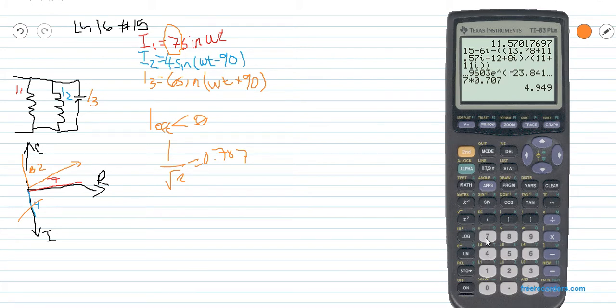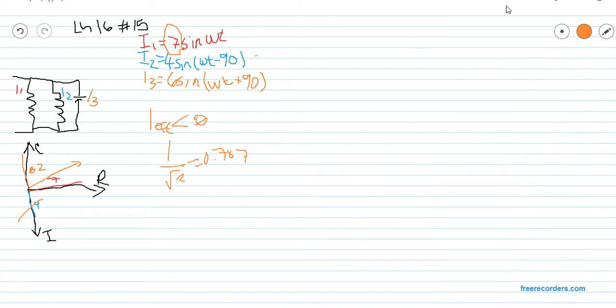To explain what's going on here, do 7 divided by the square root of 2, and we'll get the same answer, essentially. So we'll call that 4.95, and the angle here is 0.